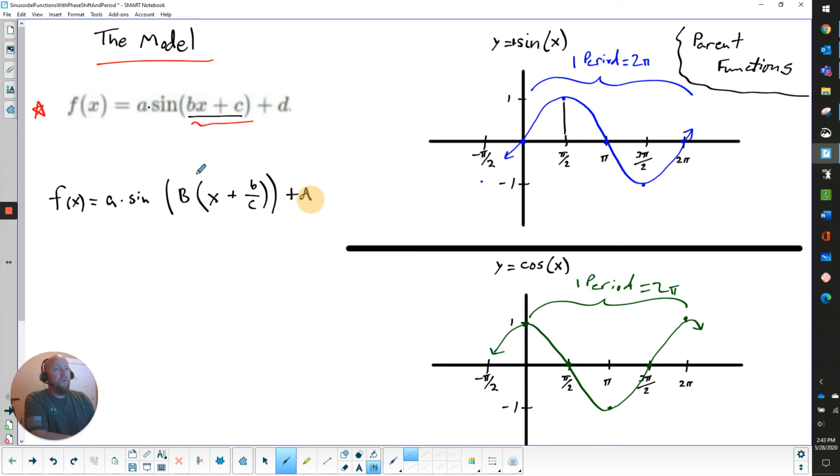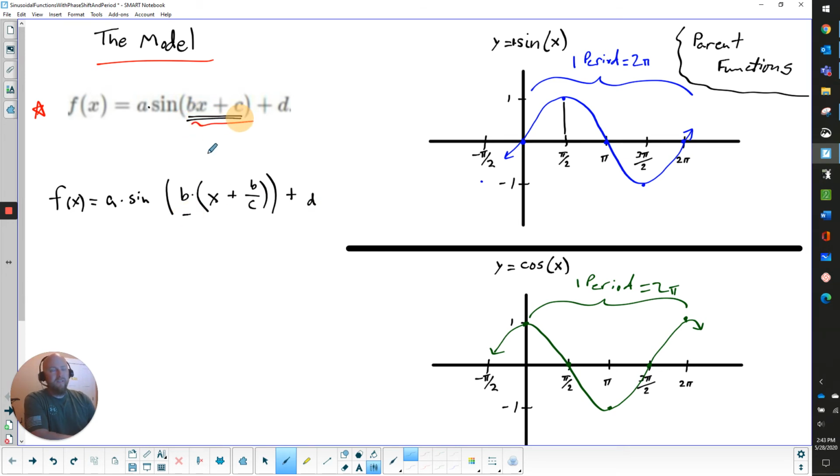Okay, so you can get from the model that you see in Khan Academy to what I think, by factoring that B out of this internal expression here.